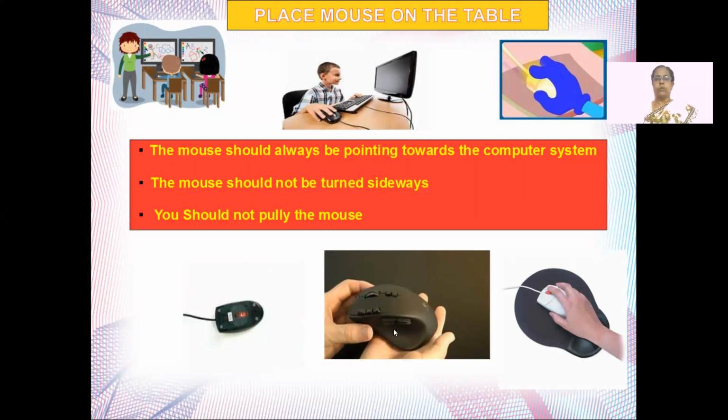You should not hold the mouse like this. You should hold the mouse in a correct position. So where should you place the mouse? On a table, and you should not turn it sideways, and you should not pull it. The mouse should always be pointing towards the computer. See, these two children are sitting and their mouse is pointing towards the computer. See, this boy, it's pointing towards his monitor. Clear?